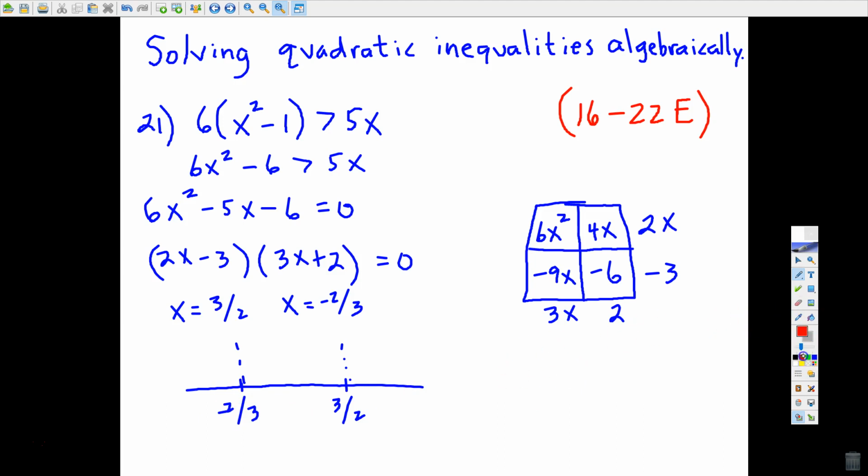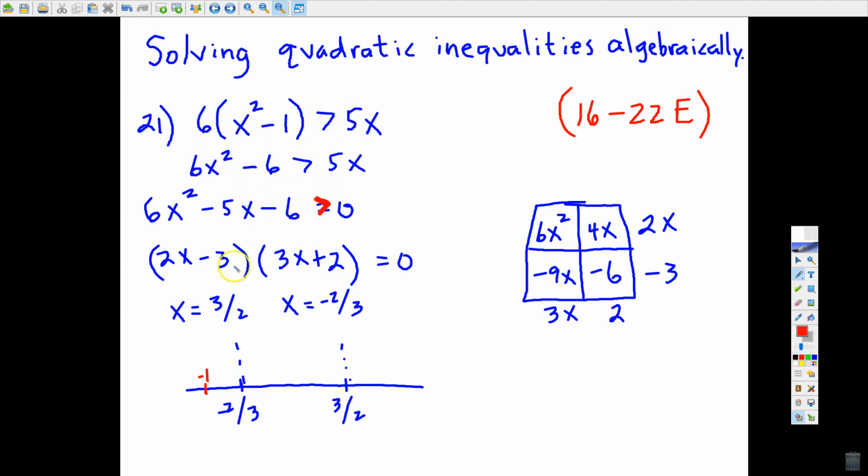Alright, so let's just pick a number that's less than negative 2/3, like negative 1, and plug it in. You can plug it into the original. You can plug it into the inequality after you've solved and just think of the standard form. It doesn't really matter which one you plug into.